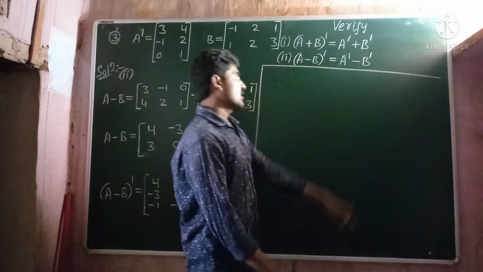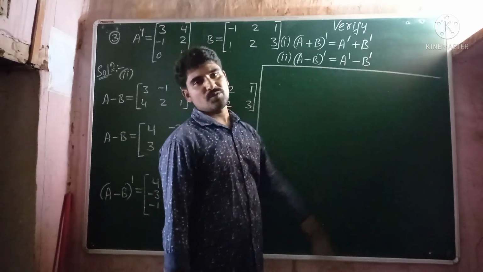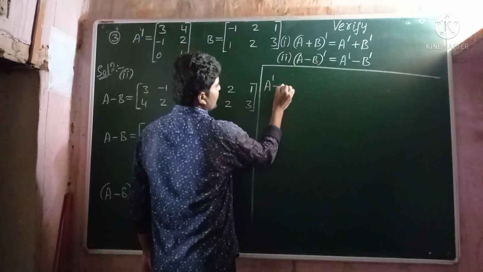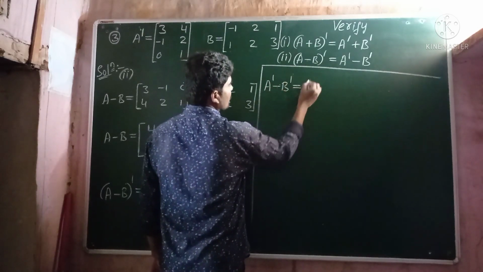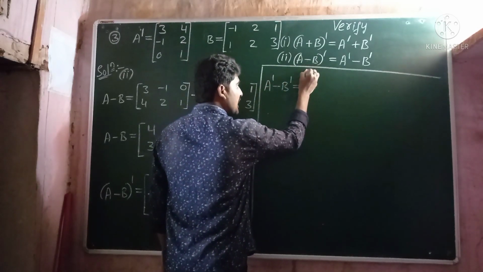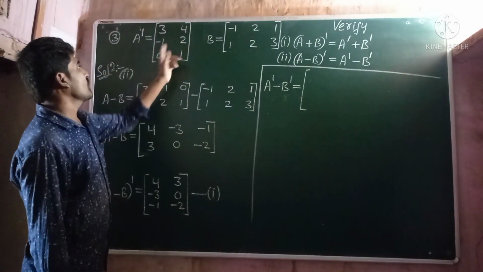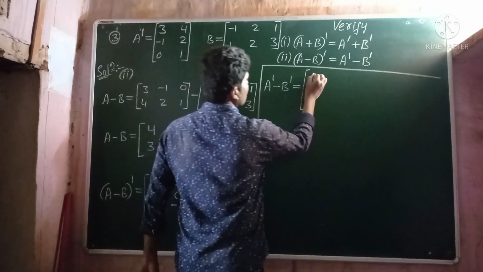Now we need to find the transpose of the matrix A minus the transpose of the matrix B. Let us consider A dash minus B dash. The A dash matrix is already given: 3, 4, minus 1, 2, 0, 1.